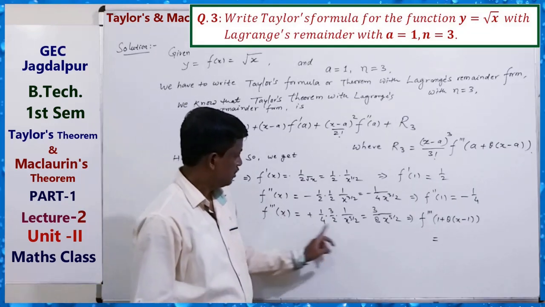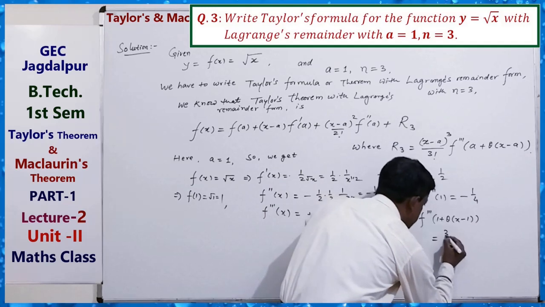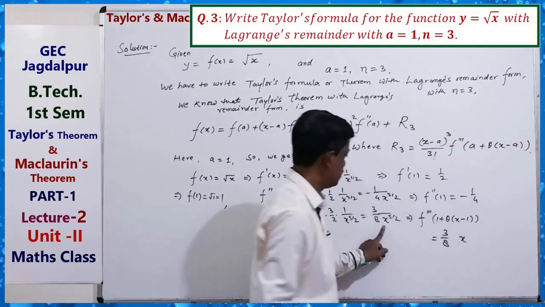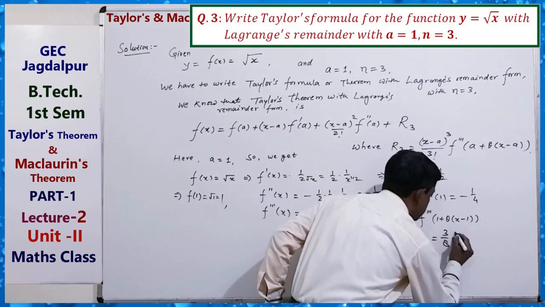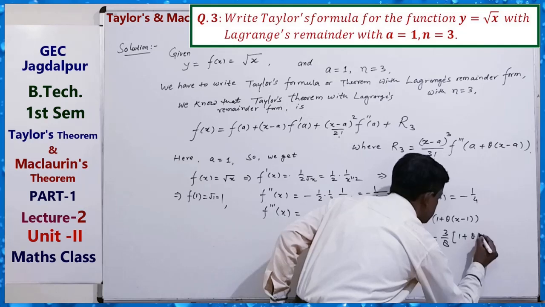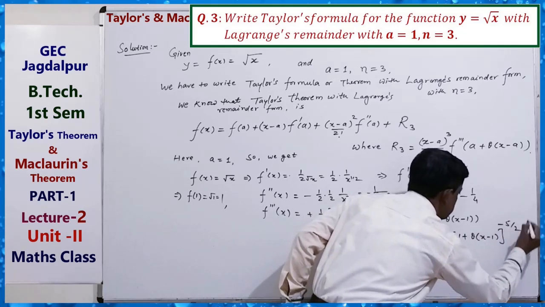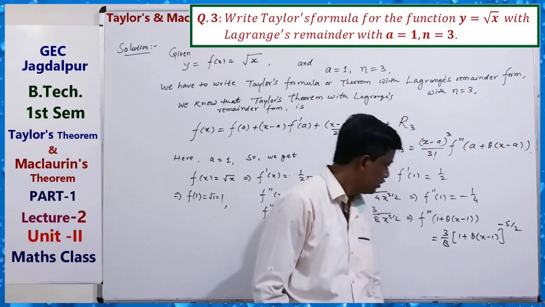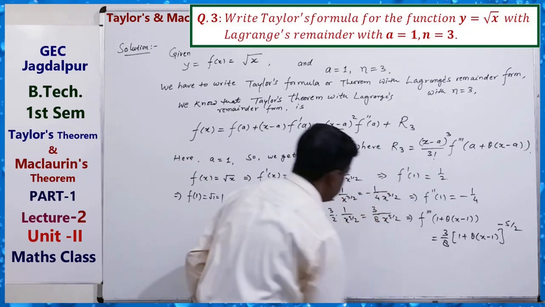So f here, we see that 3 by 8 x to the power, x means this power, 1 plus theta x minus 1, to the power minus 5 by 2. Just we can write like this. Okay. 1 plus theta x minus 1. So these are the values.